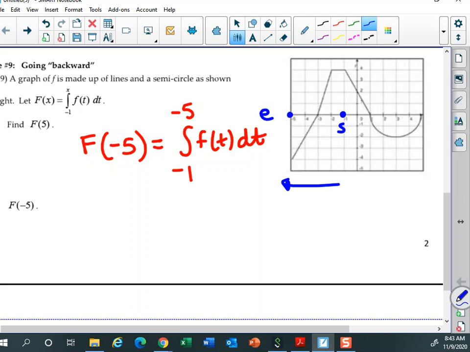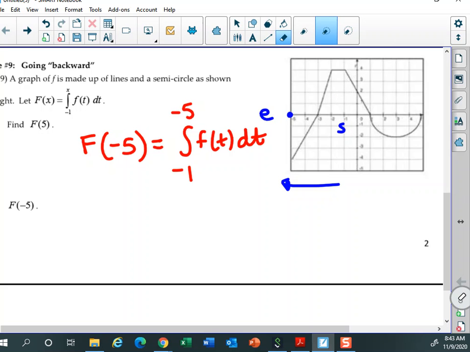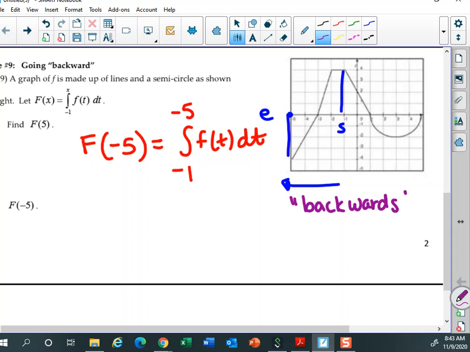In our typical thinking, in calculating areas using geometry, we are usually going left to right. So this problem is sort of backwards. Okay.